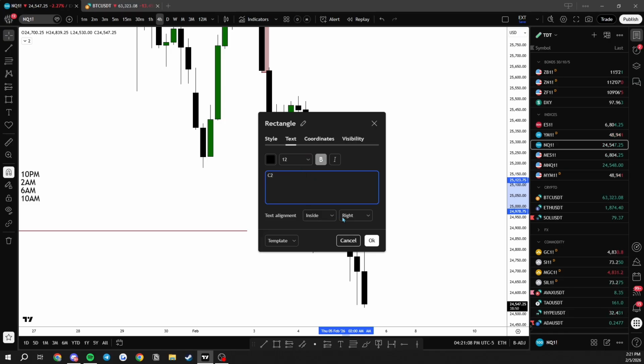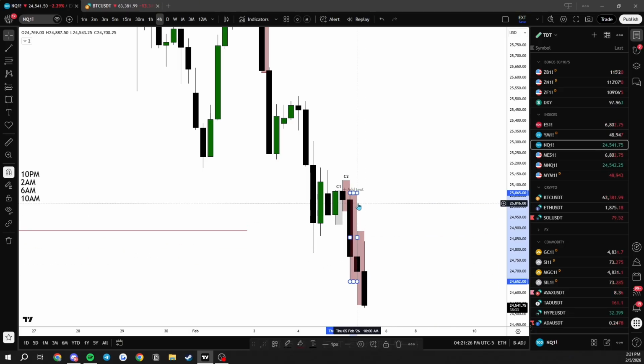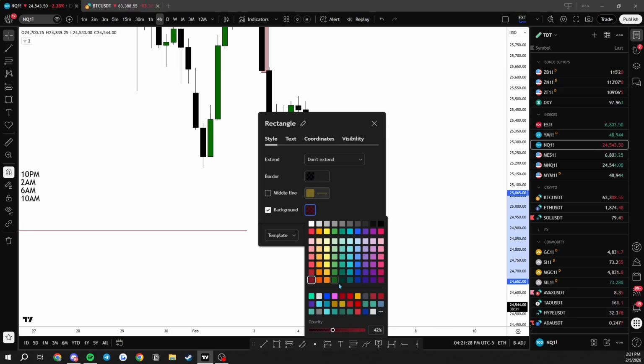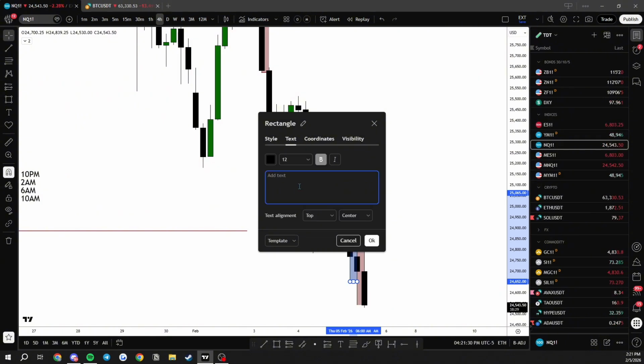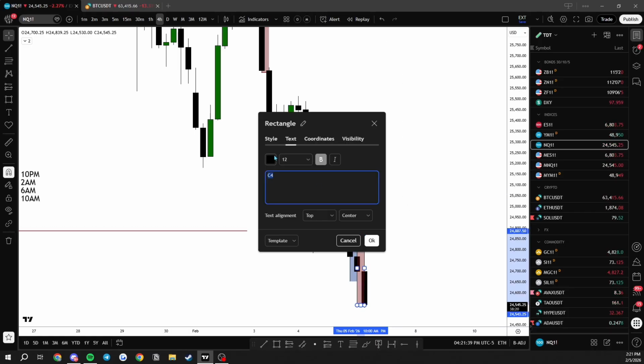Candle 2 inside, not inside, top center, and then candle 3, candle 4. And when you guys send me messages and stuff like that, this is a really good way to annotate. There's obviously other ways to do it. You don't have to do it like this, but this is a really easy way visually when we drop down in time frames. It's going to make things very easy to see.